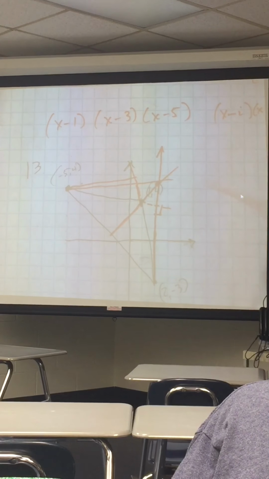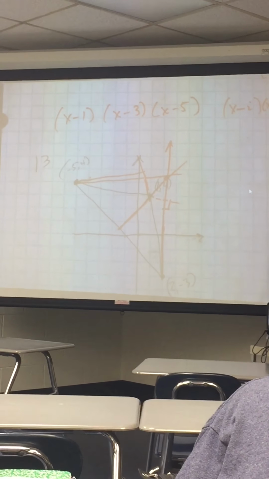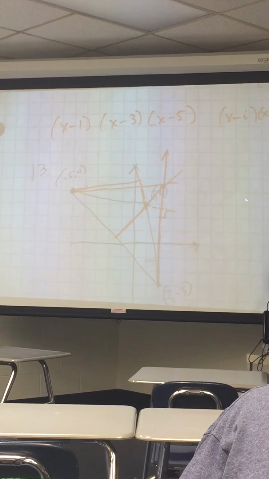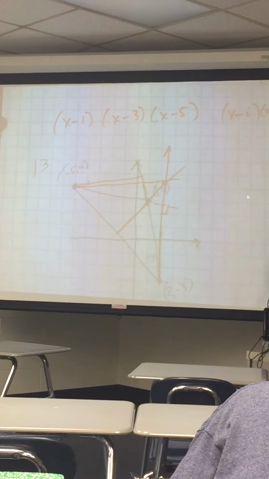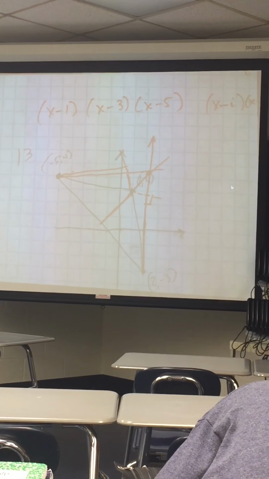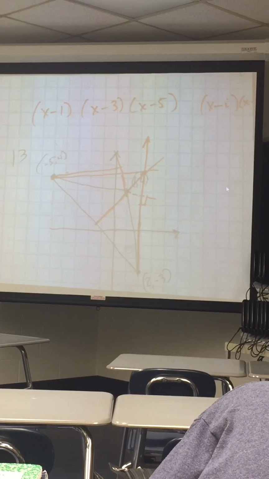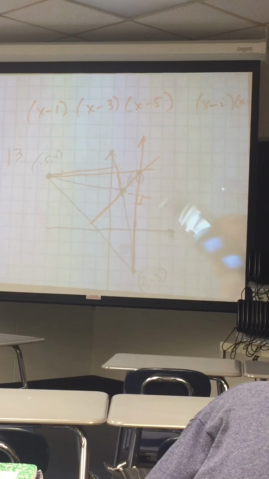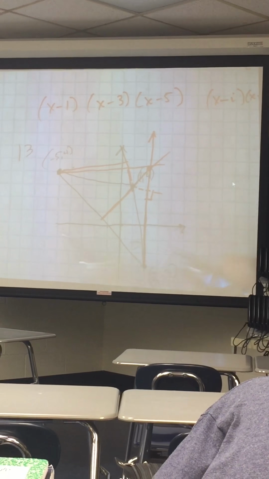Something like that. So approximately, I can see where my altitude is going to be. That's a very rough sketch, which is really all we need, because now to find this, we're going to use slope and then perpendicular slope. Okay? So let's find the slope of our three sides.